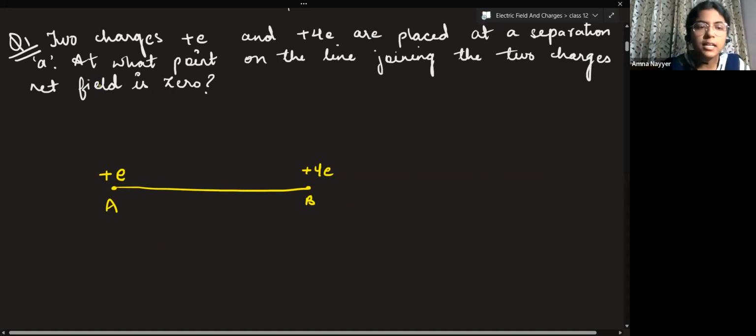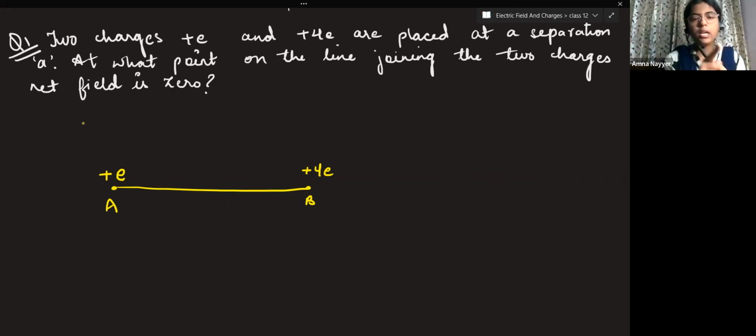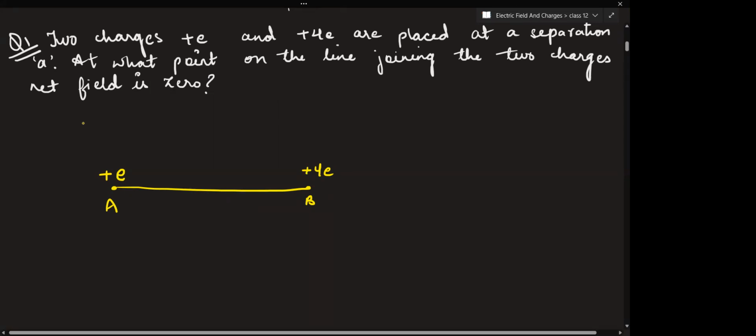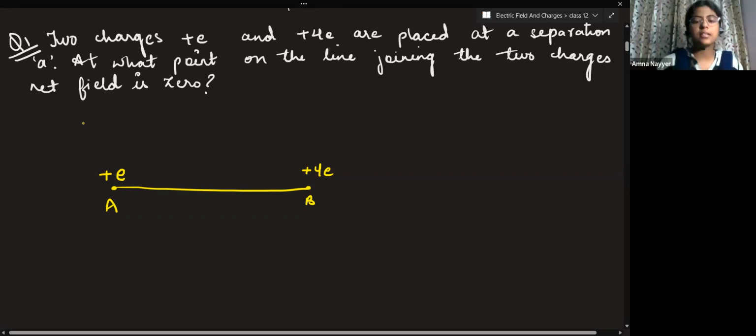It says, at what point on the line joining the two is the net field 0? We have to find a point where net field is 0. So as I have just told you, what point is it asking for when net field is 0? The neutral point.